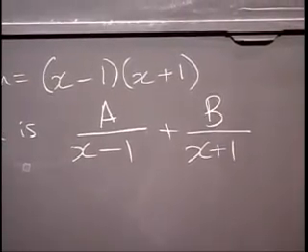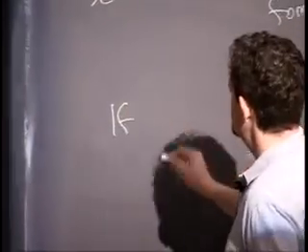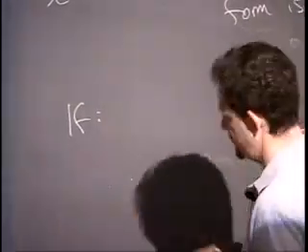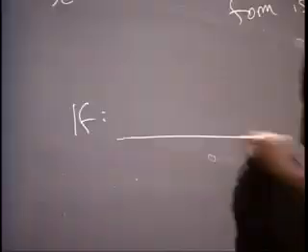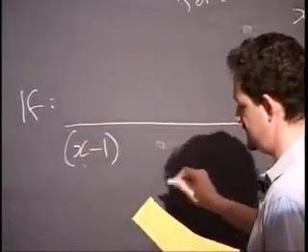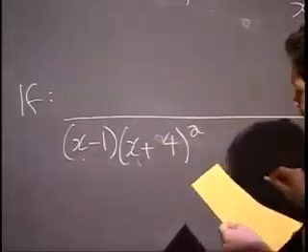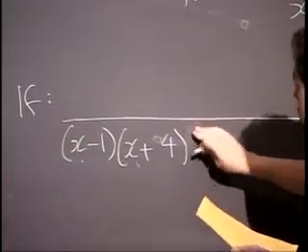Now, as another example, this is a bit of a nasty one. What would the form be if we were dealing with the following? x minus 1, this is on the denominator. x plus 4 all squared. No, all cubed, I believe.